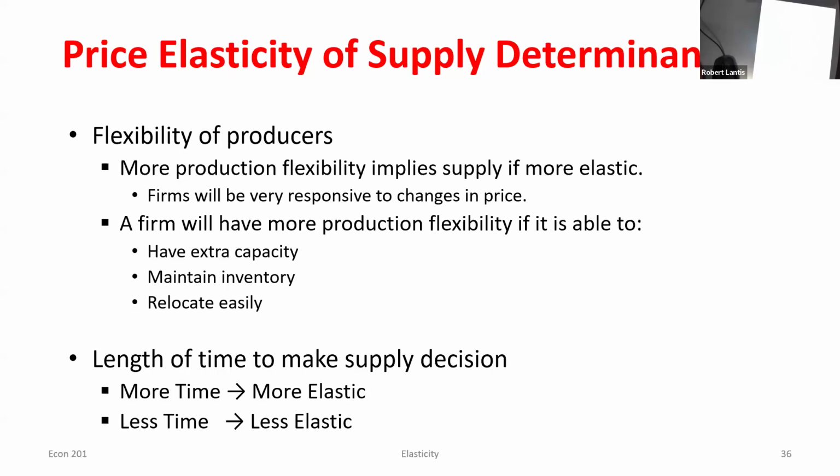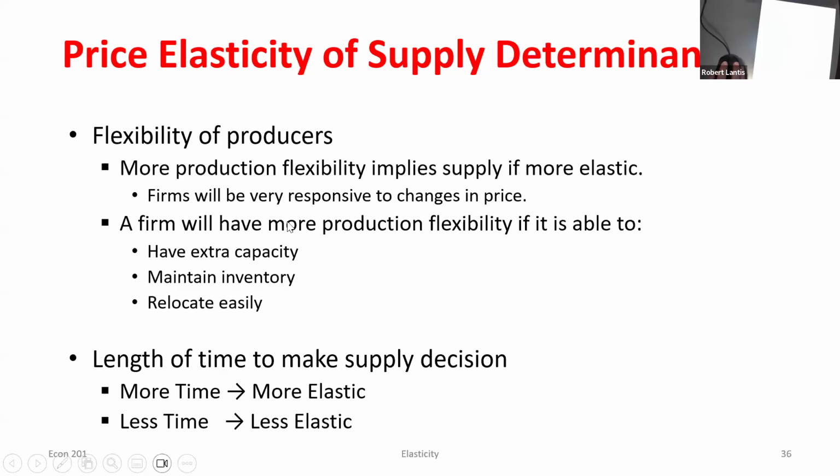If I have a food truck and I'm thinking, oh, people in Bloomington are willing to pay more for this type of food, and I was currently selling in Indianapolis, what can I do? I can respond to that price change, go supply a lot more of whatever food I have in my food truck to Bloomington, right? So being able to relocate easily, I can be really responsive to price changes in different areas.